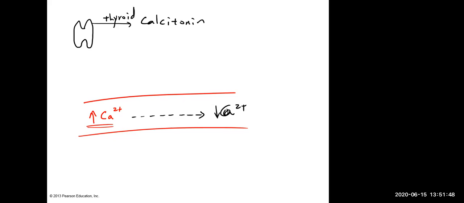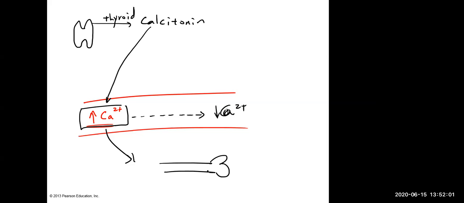Calcitonin takes the extra money, or calcium in this case, and takes it to the bone. Yes, this is after you use it for muscle, after you use it for contraction of the nerve.